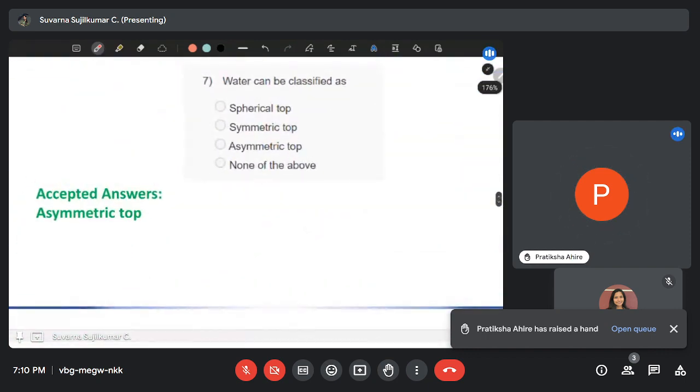It's an asymmetric top, right? What is the condition for an asymmetric top? IA not equal to IB not equal to IC. When all the principal moments are not equal, it is an asymmetric rotor. Water is one of that kind. Water and H2O2 fall in this category.